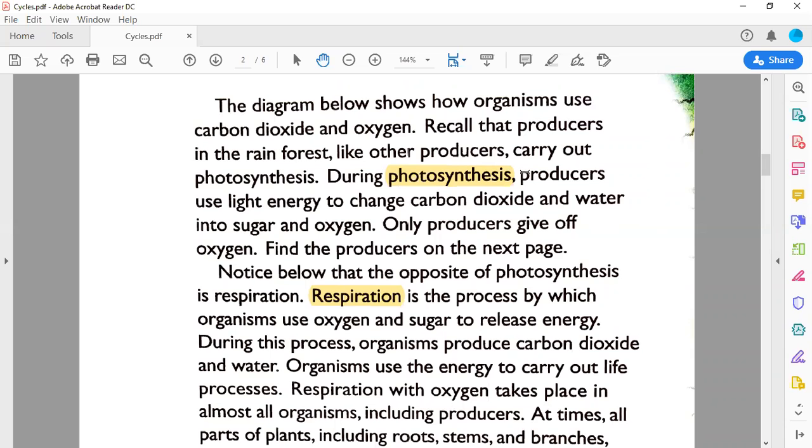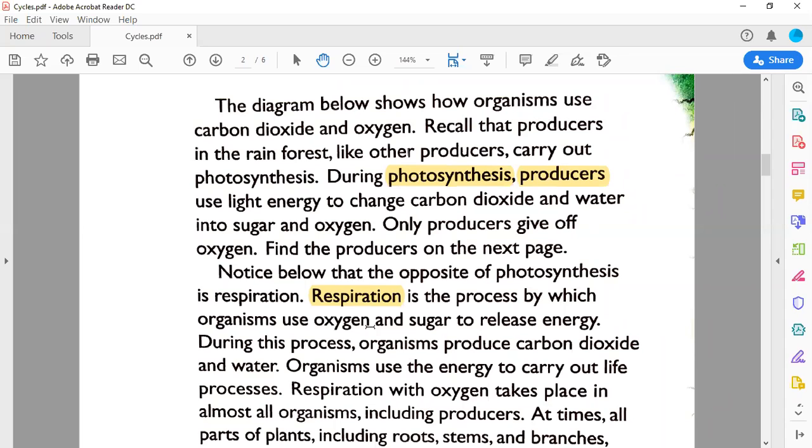Only the producers. What do we call the organisms that can carry out photosynthesis? Producers, of course. Producers use light energy to change carbon dioxide and water into sugar and oxygen. And this process is called photosynthesis, right?